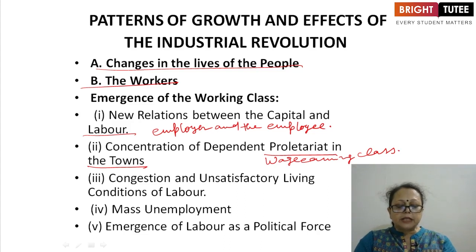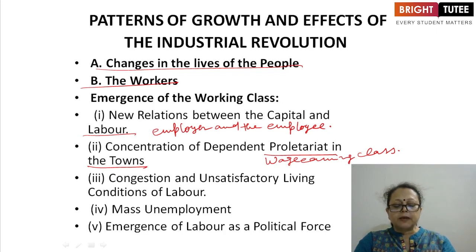Then it came about that the working class became very poor and the wealth was concentrated in the hands of the rich capitalists. The capitalist exploited labor to increase his profits. In the domestic system of production, the differences between the master and the worker were not so sharp and pronounced.